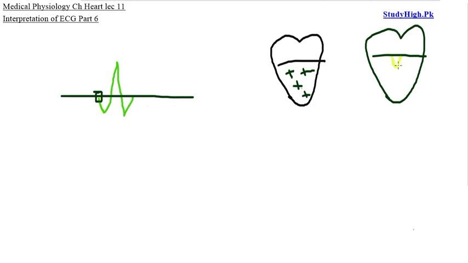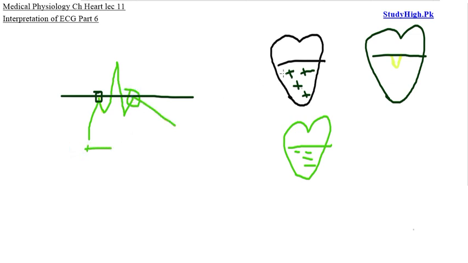So when ventricles start depolarizing, the QRS wave starts forming, and it touches zero when all the ventricles are in depolarized form. QRS wave starts when all ventricular muscles have positive charges, or are in polarized form.